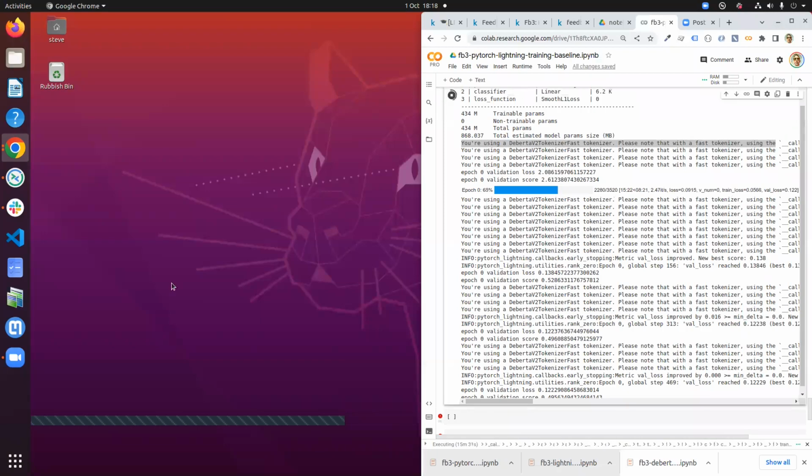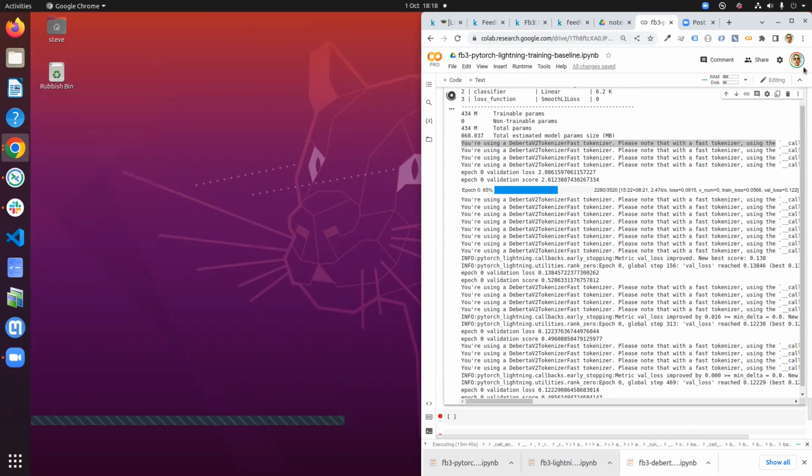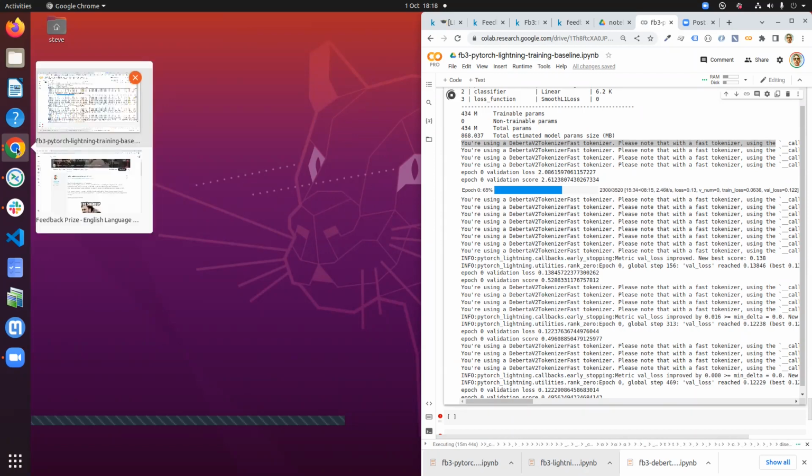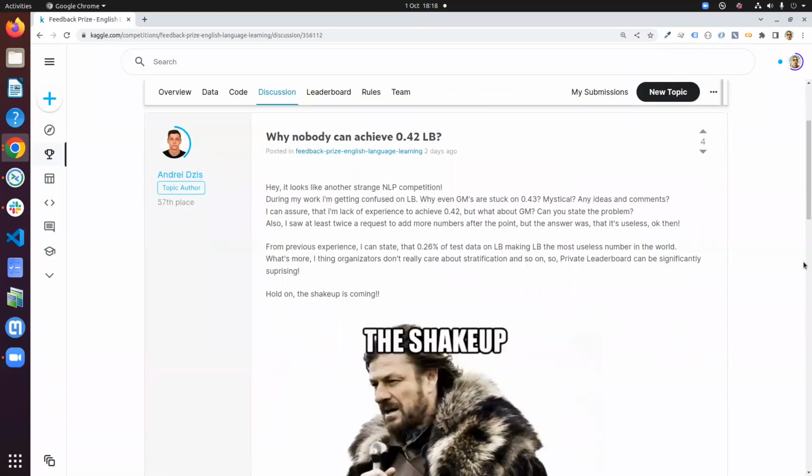What do they define compute units as? Compute units depends on the GPU or the TPU that you select during your run.